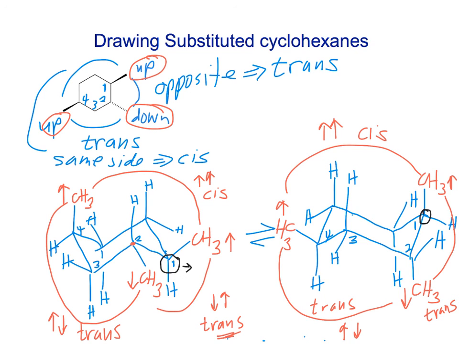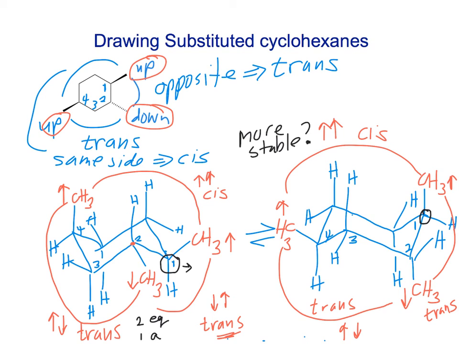All right, so the last thing we want to think about here is which of these structures would be more stable. All right, so let's look at where our substituents are. In the structure on the left, we have two methyl groups that are equatorial.